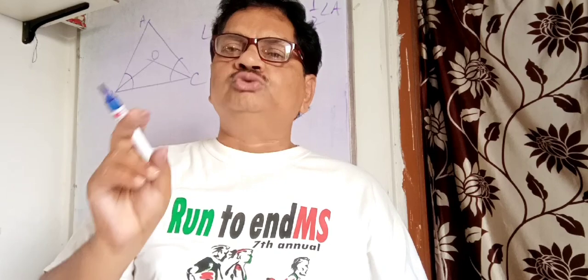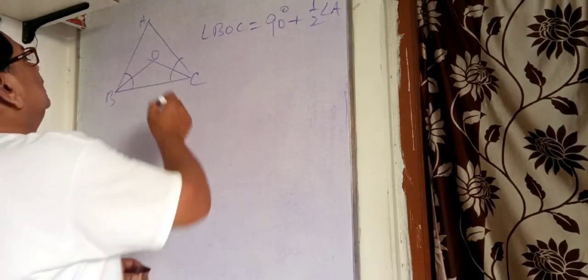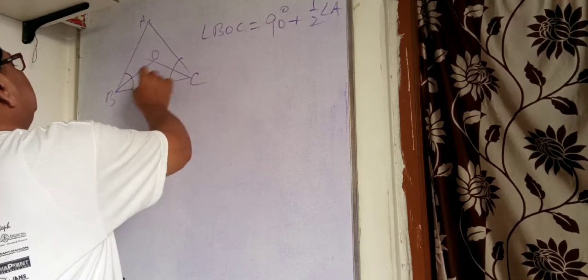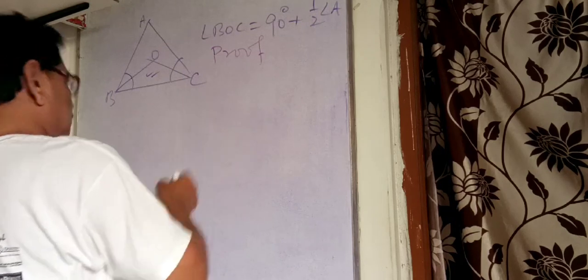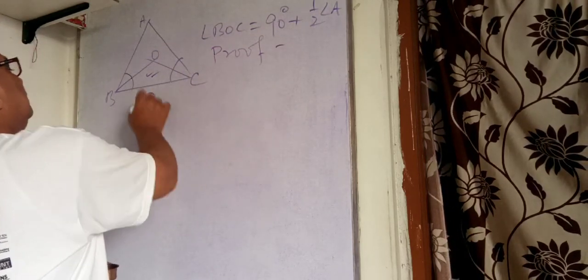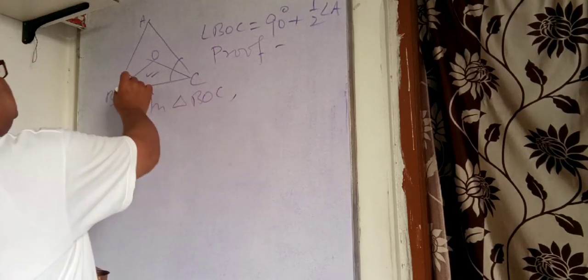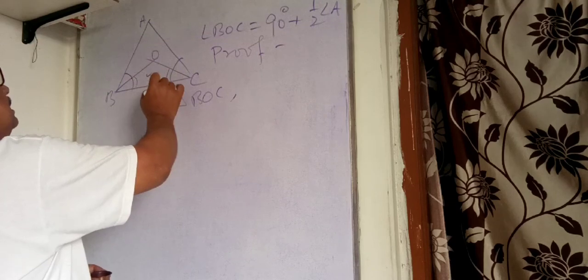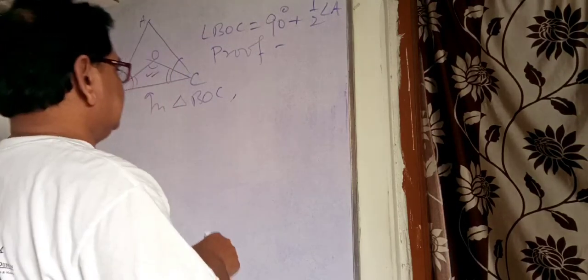Now the question is how to prove it or how to show it. Very easy to show it. You just start from the triangle BOC. As for the proof, in triangle BOC, what we see is that half B plus half C plus angle O will be equal to 180 degrees.